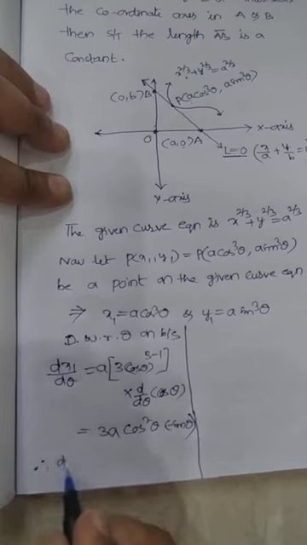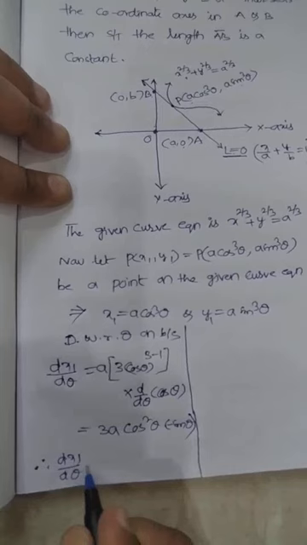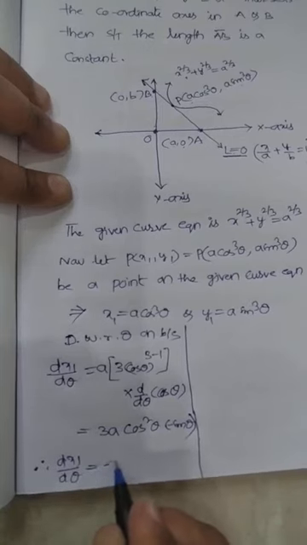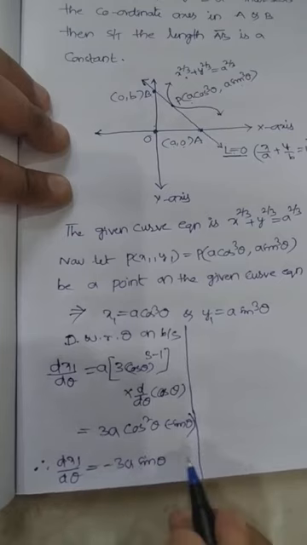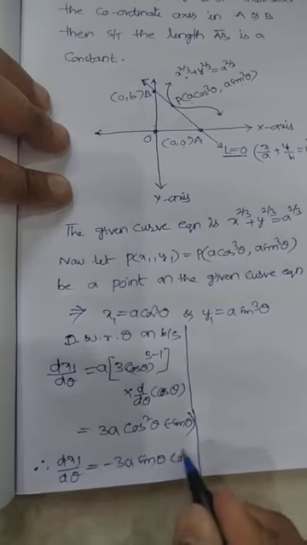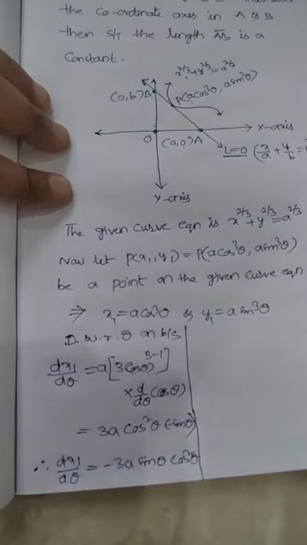Therefore dx1 by d theta is equal to minus 3a sin theta into cos square theta.